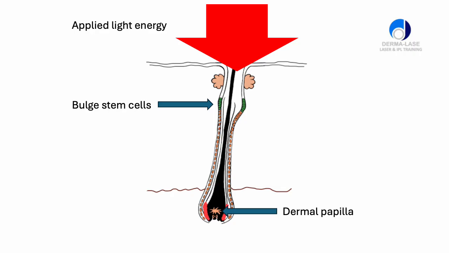So we use the melanin in the hair and in the matrix cells which surround the dermopapilla to absorb the light energy. That then generates the heat which will diffuse into the stem cells and the papilla. And if we fire enough energy over the correct time, then these cells should hopefully denature fully. If we get 100% denaturation, then this follicle is irreversibly denatured and cannot regrow. It's dead forever.